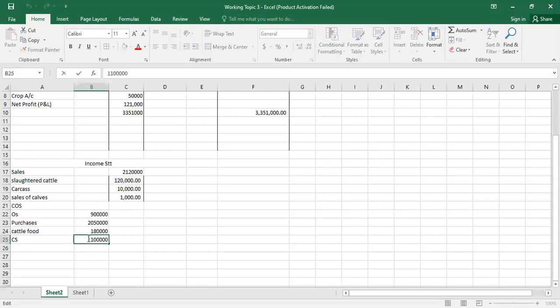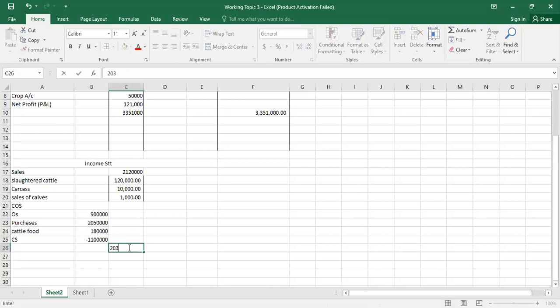And this is closing, so it should be netted off. So it's a minus. So what do you get as a figure here? We add them, we are getting 2,030,000, right? So let me just put it here, 2,030,000.